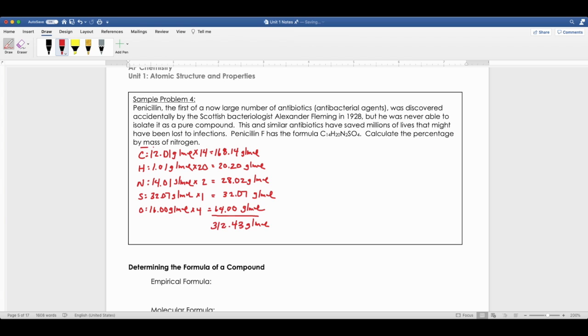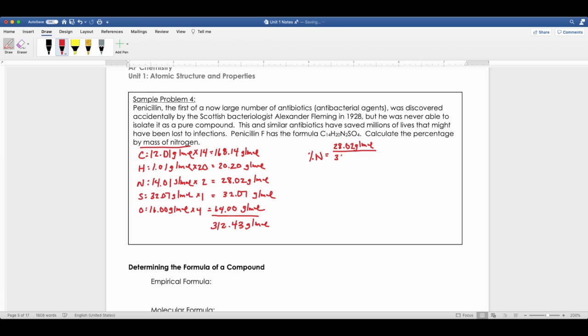We want to know what's the percent composition of nitrogen. So lucky for us, we don't have to do the whole entire thing. But let's just take that percentage of nitrogen. So just the 28.02 grams per mole of nitrogen in the compound. And I'm going to divide that by the total.